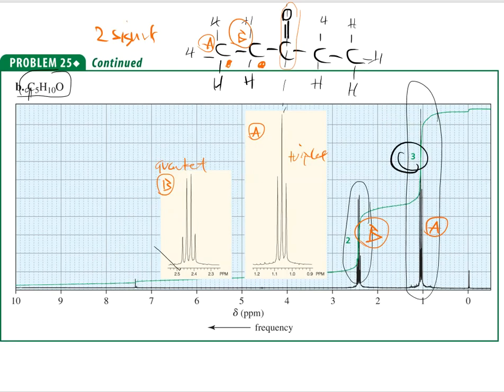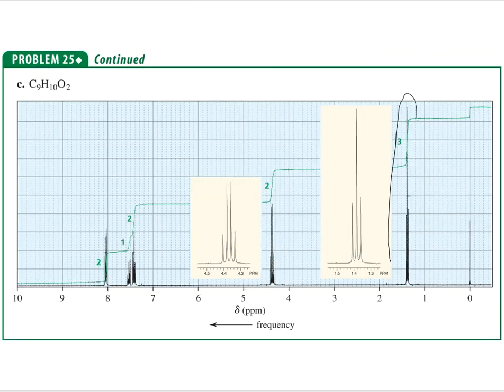Here, look at the integration that they're giving you. They're saying that first signal has 3 that's associated with it, and it just so happens that there's 3 protons on that as well. And then here the integration is 2, and it just so happens that there's 2 protons on that particular shift as well. So again, perfectly matches up, easy breezy as far as the number of protons with that one.